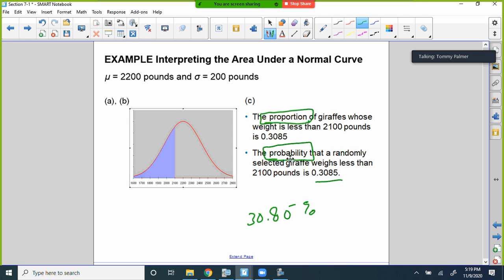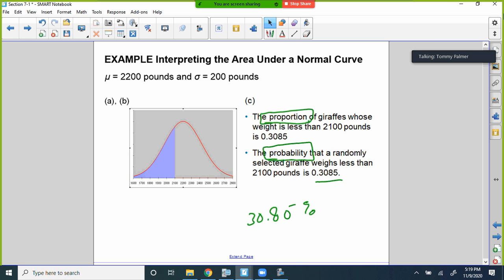If it's 0 to 1, it's a ratio. It's out of that, right? So that's what a proportion is. So the proportion of giraffes whose weight is less than 2,100 pounds is 0.3085, and then the probability that a randomly selected giraffe weighs less than 2,100 pounds is 30.85%, right? So those things are synonymous.